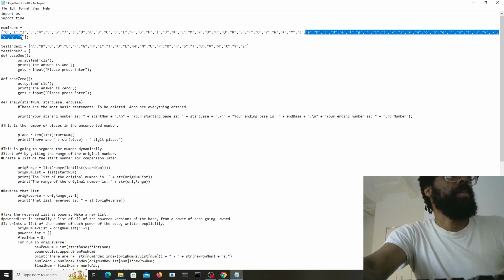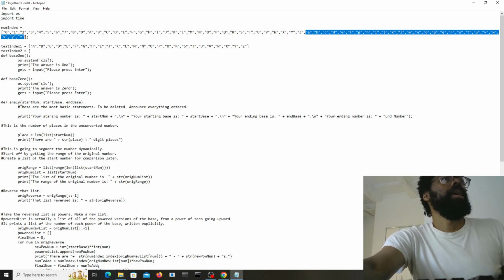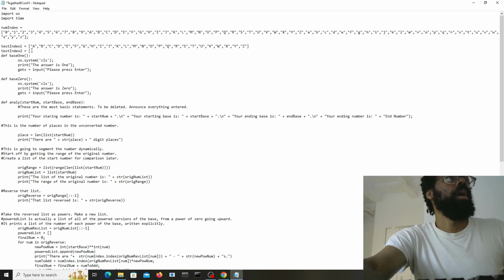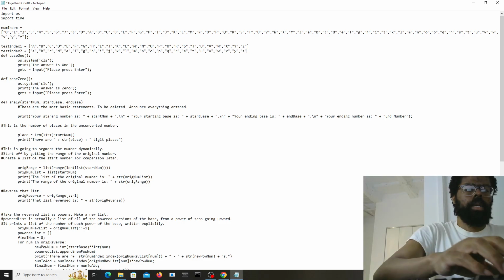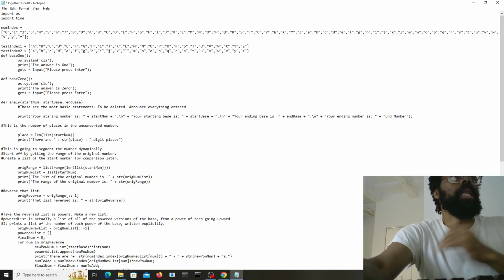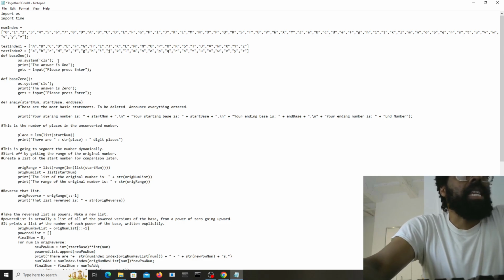So I'm going to say test index 1, test index 2. Okay. Seeing these two side by side, they look pretty even. So it doesn't look like I made that mistake. It looks like both of these lists are exactly the same length.